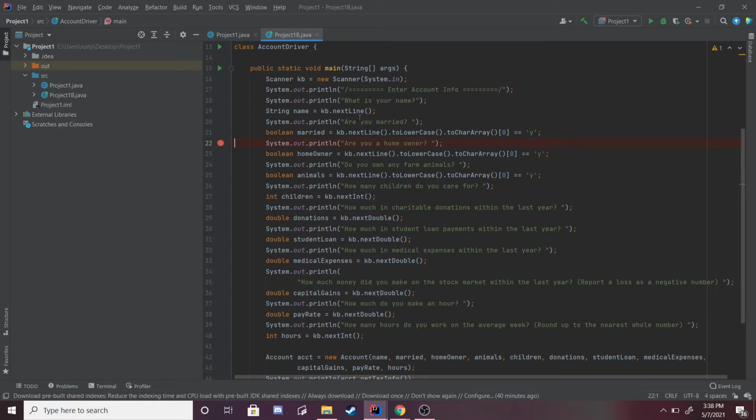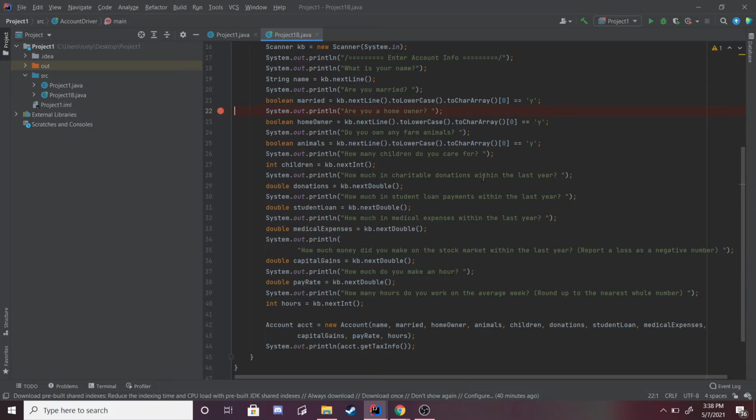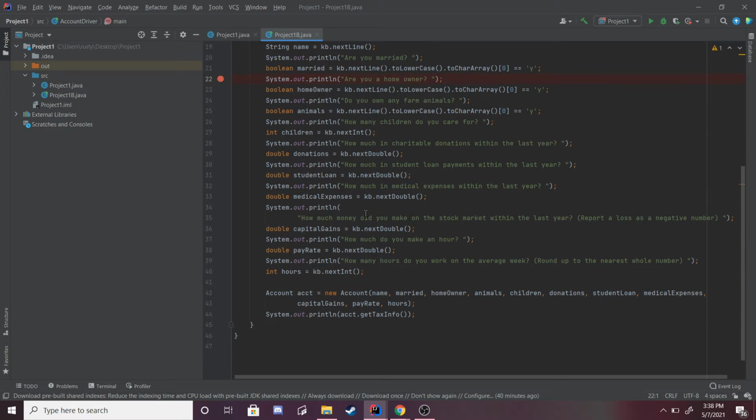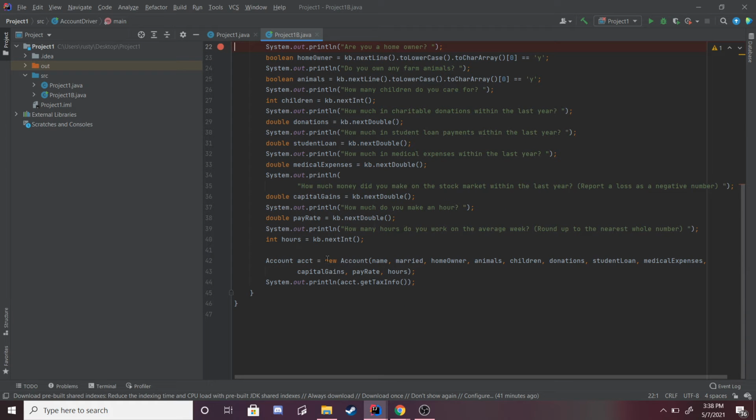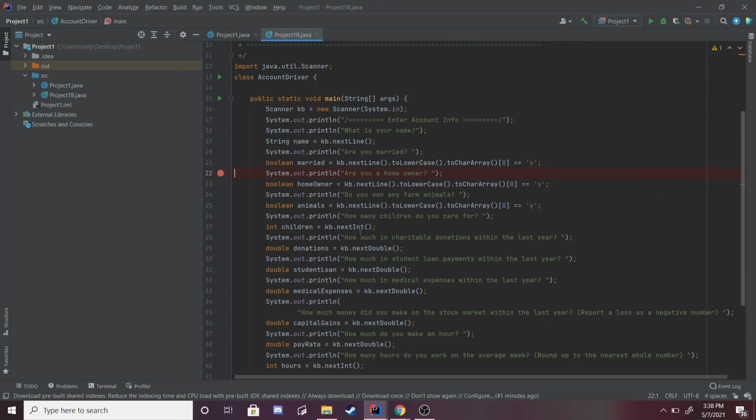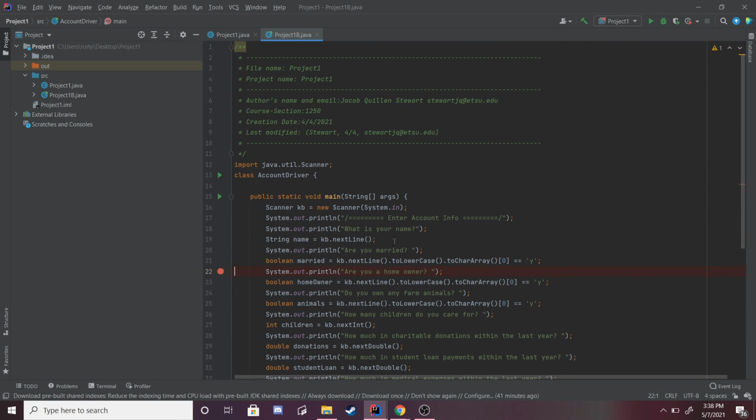We've got the enter account info prompts: your name, are you married, are you a homeowner, any farm animals, children, how much in charitable donations, student loan payments, how much in medical expenses, how much money did you make on the stock market, how much did you make an hour, how much did you work on an average week. And this new account down here houses name, married, homeowner, animals, children, donations, student loans, medical expenses, capital gains, pay rate, and hours. And this will all print out when the code is compiled.